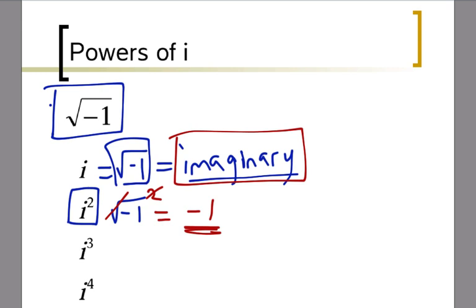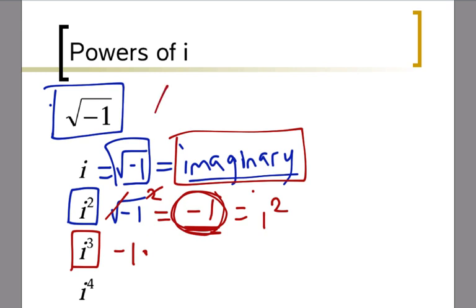So now i to the third power means I could take this answer, which was i squared, and then raise it to another power of i again. In other words, I could take negative 1 and multiply it by i, being the square root of negative 1.